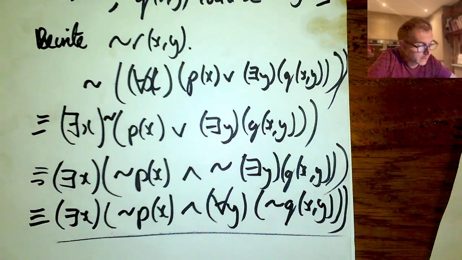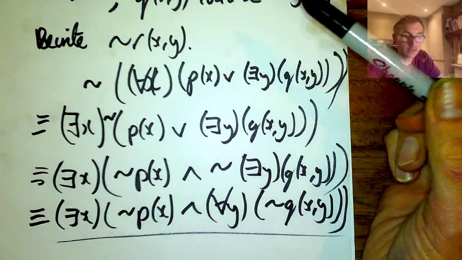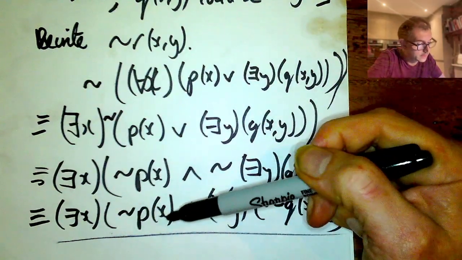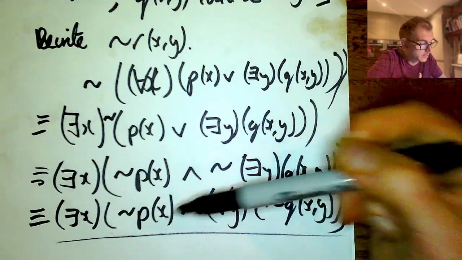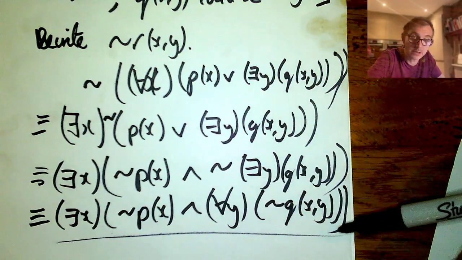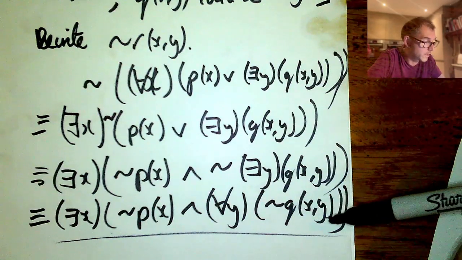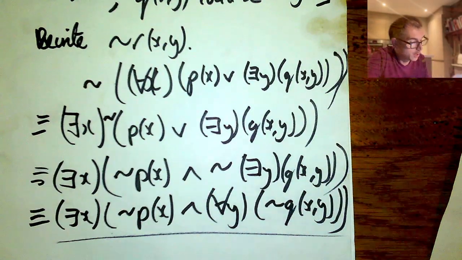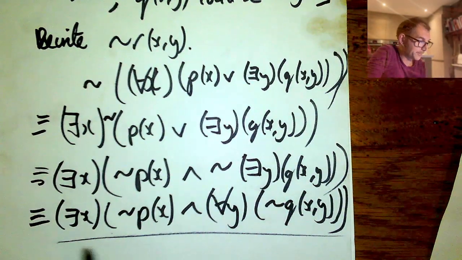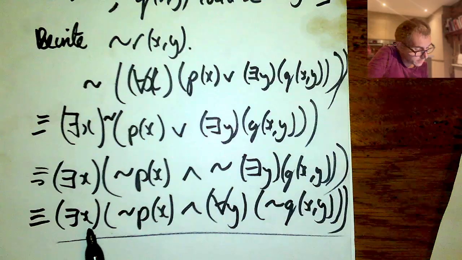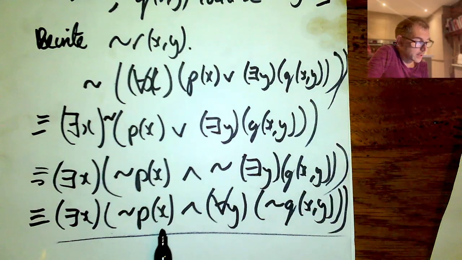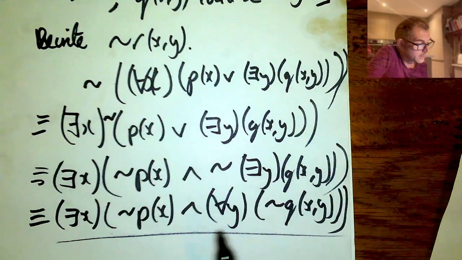But let's just apply this idea. So we saw in the specific case I looked at earlier where P of x is the number 0, Q of x, y is x times y is 1. What does this say about the integers? Well, if this statement R is not true about the integers, then that means I should be able to find some integer x such that x is not equal to 0. Well, there are plenty of those.